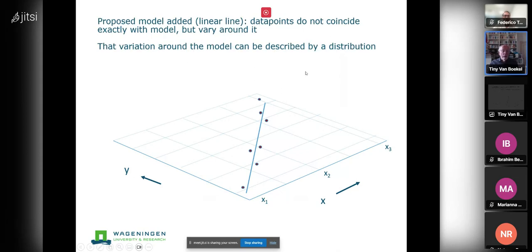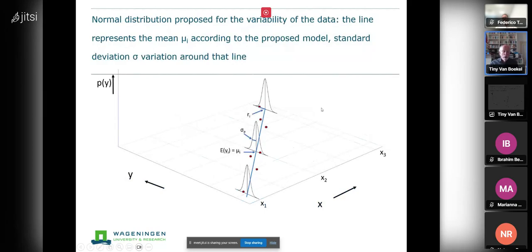Then we see that this line is surrounded by data points, but not exactly corresponding to the data points. So we do see variation here again. And what we learned yesterday, we can describe that variation by a distribution. So that's what I try to show here. At each x value, we assume that data points around the line are represented by a normal distribution. And even if we have only one data point, we can still assume that.